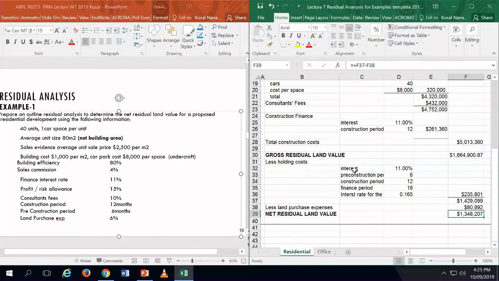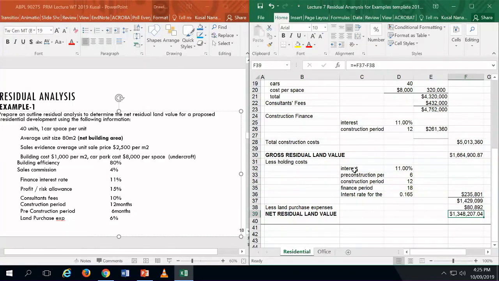If you bid 1.5 million, you will lose 150,000 from your profit. If you know you want to keep a 15% profit margin, then you have to stop bidding when it comes to 1,350,000.